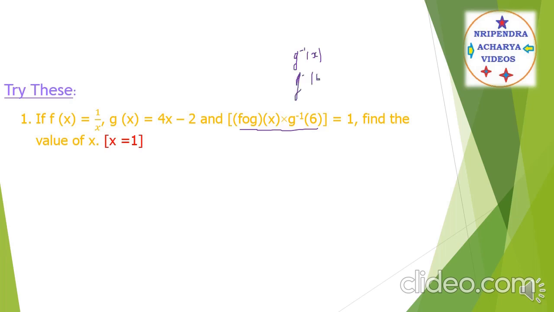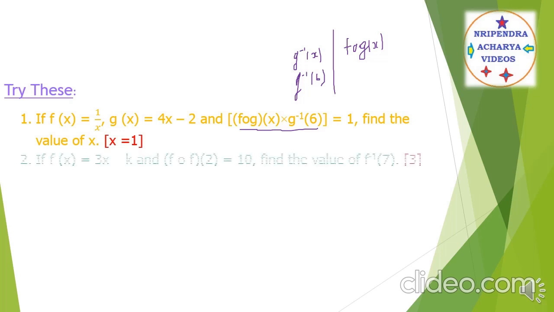Do step by step, one at a time. Then find the composition of f o g x. This is the third part of the question. First find g inverse x, second find g inverse 6, then find f o g x, then multiply these two and equate with 1. Then that will lead you to the correct answer.